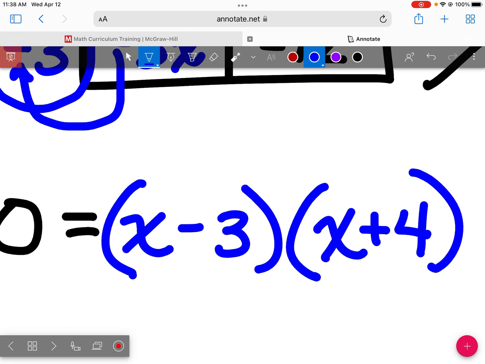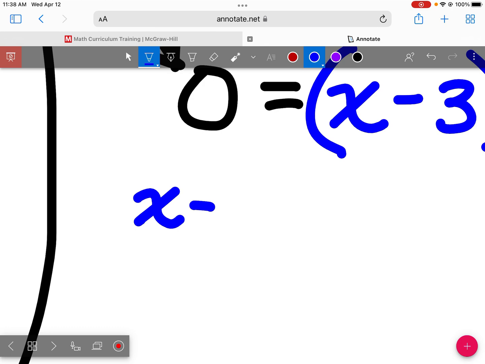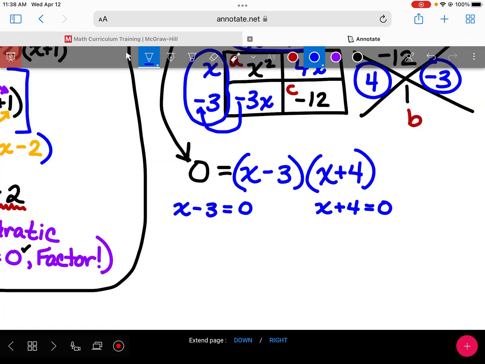What do I do now to finish solving for x? What do I need to do with each of these factors? Equal them to 0. So I have x minus 3 equals 0, and x plus 4 equals 0. What do I do to x minus 3 equals 0 to get the x all by itself?